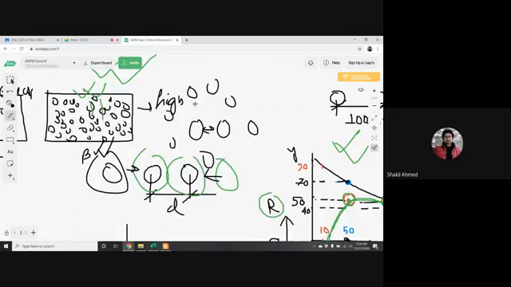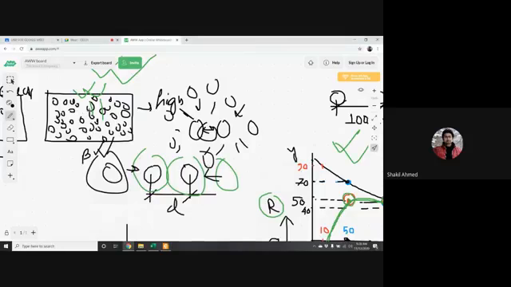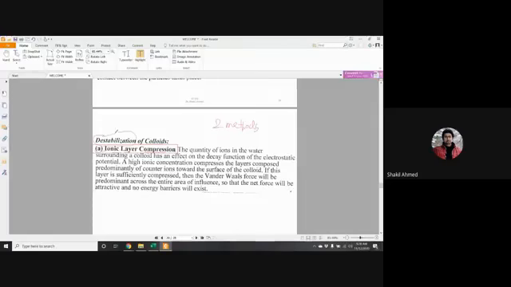All are trying to occupy the space. So they will push each other, and from all sides there is pushing, pushing, pushing. So they will be compressed. And if you can compress them, that means you are bringing them closer, right? So that's the way you can destabilize the colloids. So one is ionic layer compression.